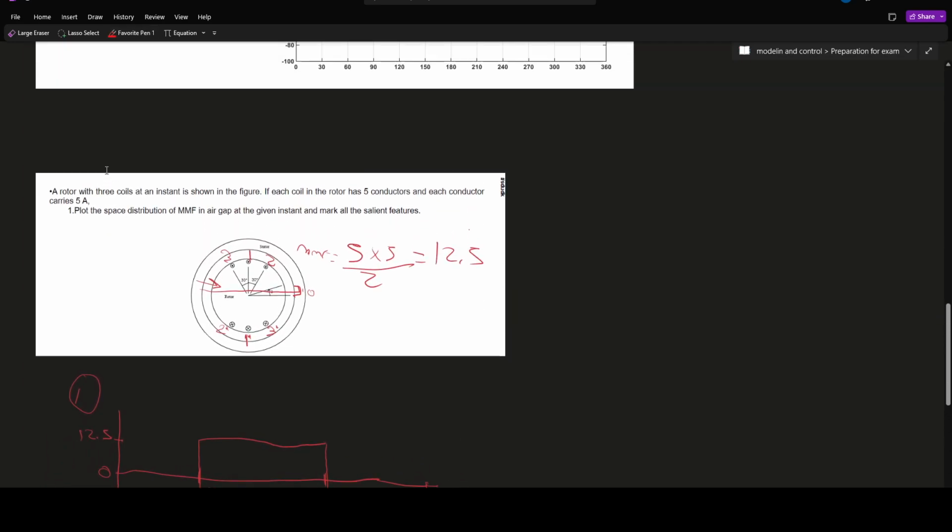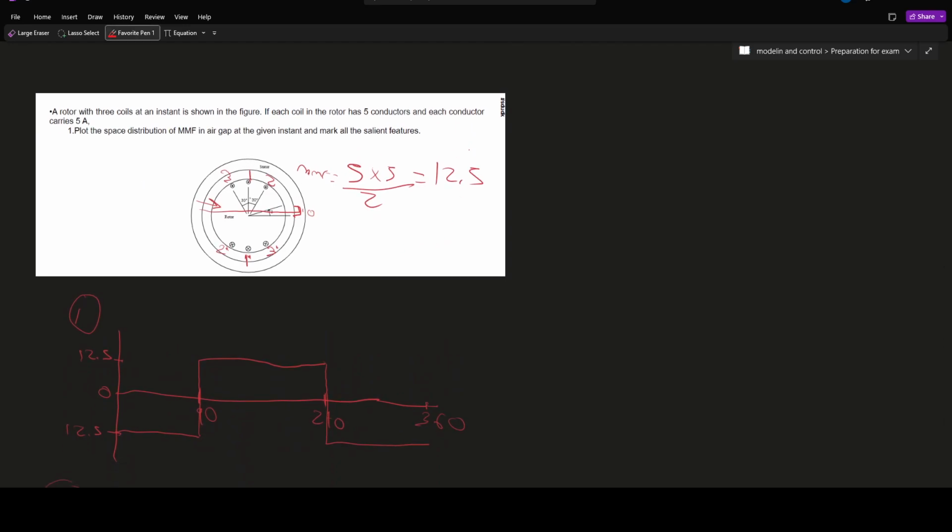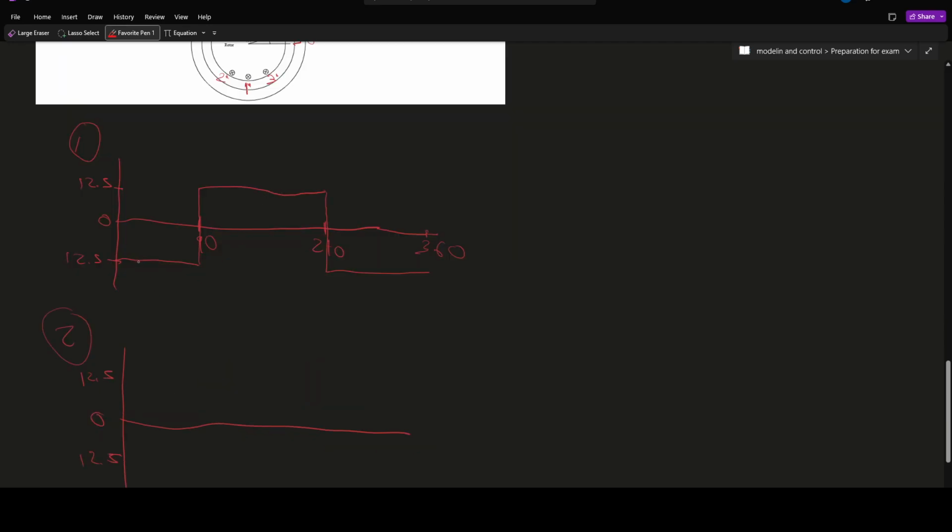Now, if we look at this, we can see that coil 2 is 30 degrees behind coil 1. So this means that from 0 to 60, the flux is going out of the rotor. And in our convention, this means negative. So let's say 60 is here. This is minus. So we have minus until 60.